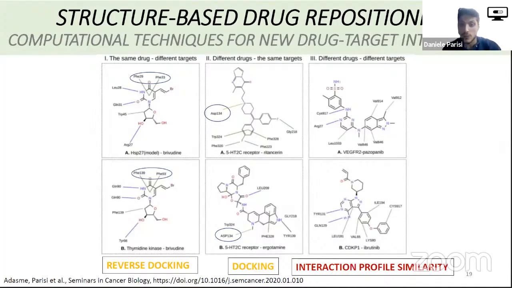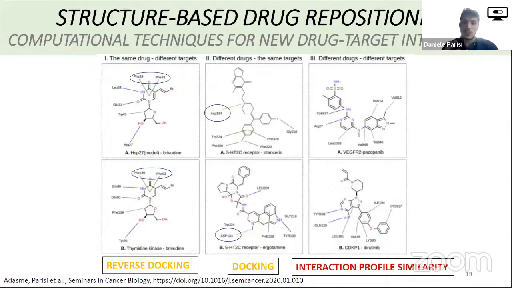So in this case, there are two different couples: VEGFR2 with pazopanib, which is an anti-cancer kinase inhibitor, and another kinase inhibitor, ibrutinib, with one of its targets, TKP1.